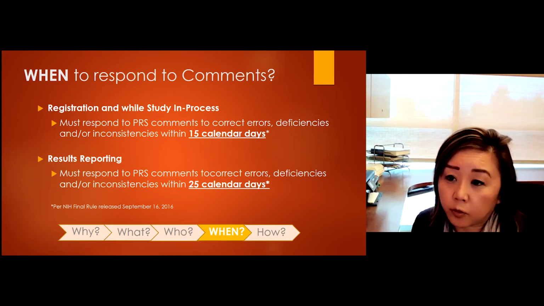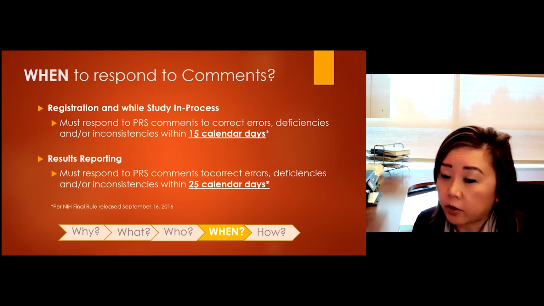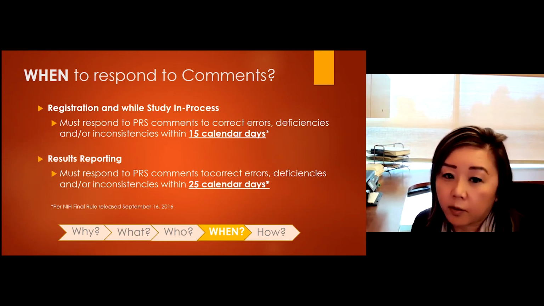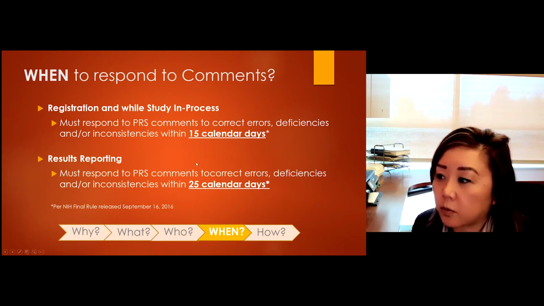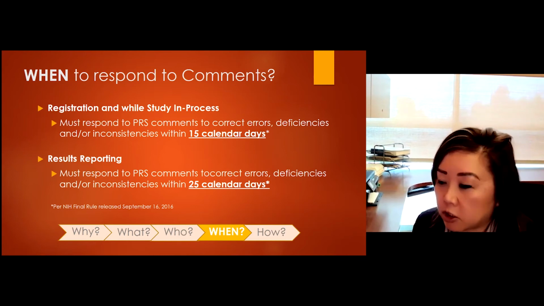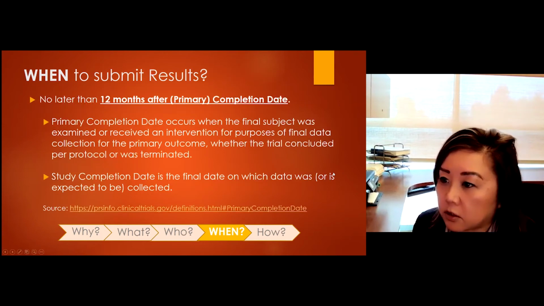Once you've approved and released your study, it'll go to PRS review. I'll go through that process, and then I'll indicate to you just when that process happens, when they come back to you and ask for changes. This is when they would expect return of these changes or any questions to come up within the 15 or 25 calendar days.